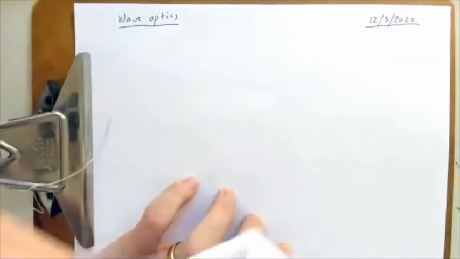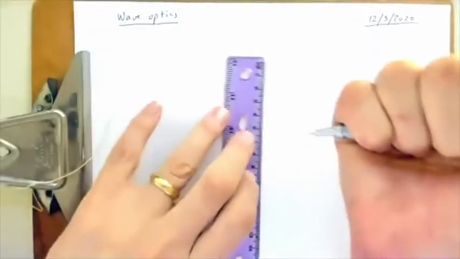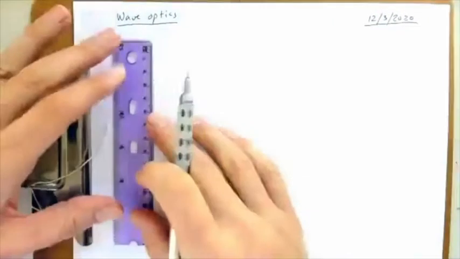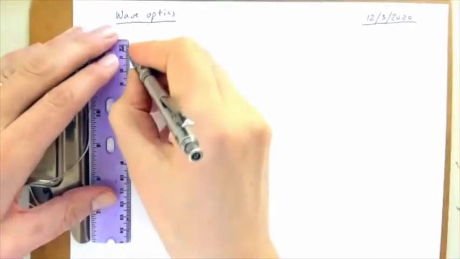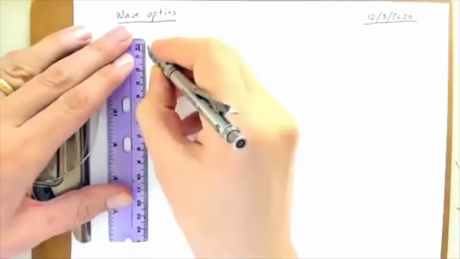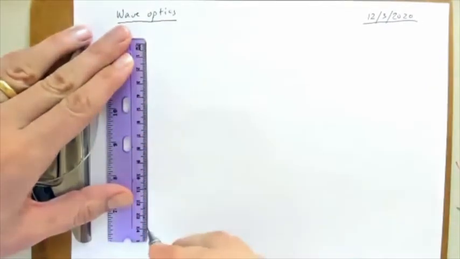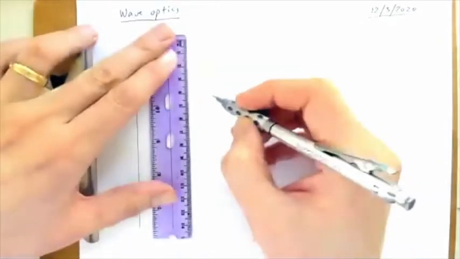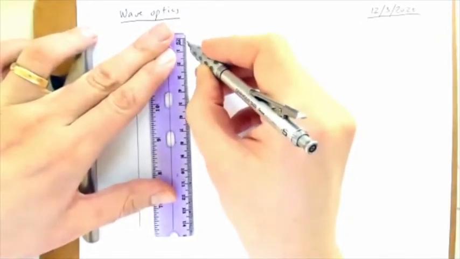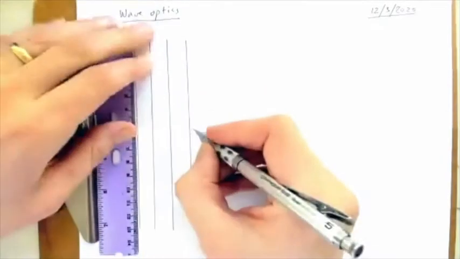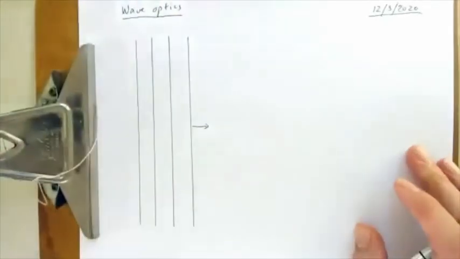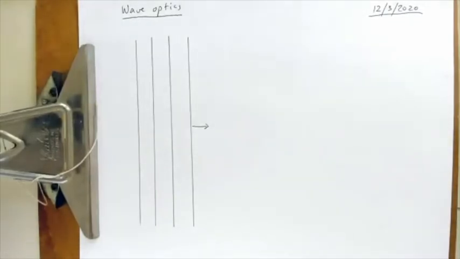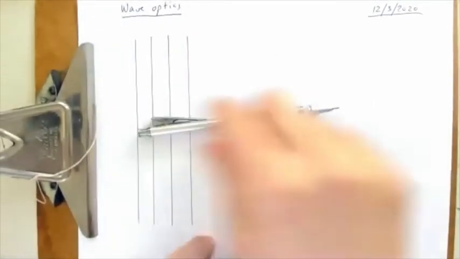So for instance, we have a plane wave that's traveling from here to there. So these are our phase fronts again. And then there's lambda in between. And this thing is traveling in this direction with some speed.